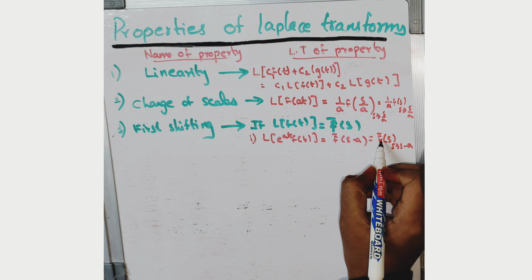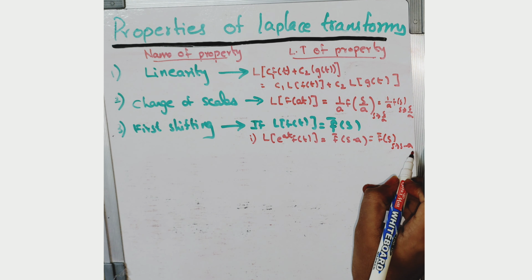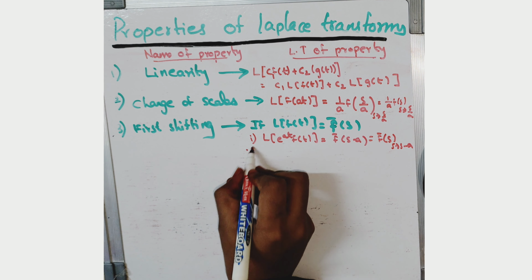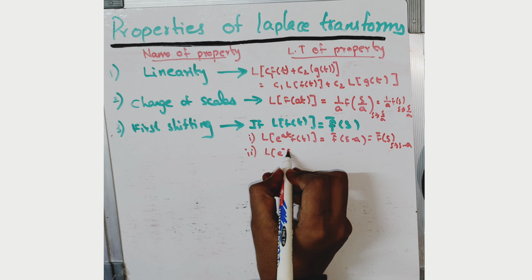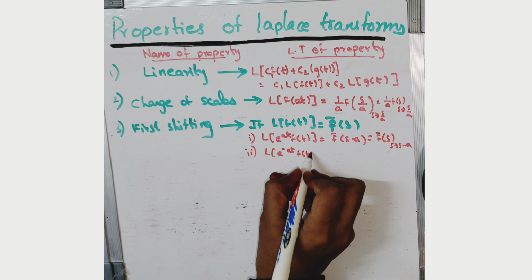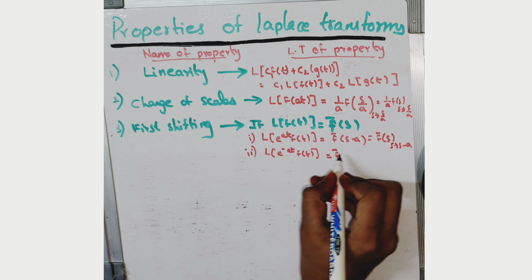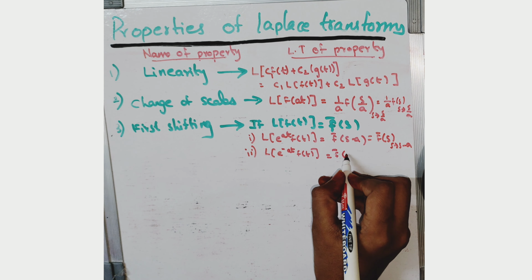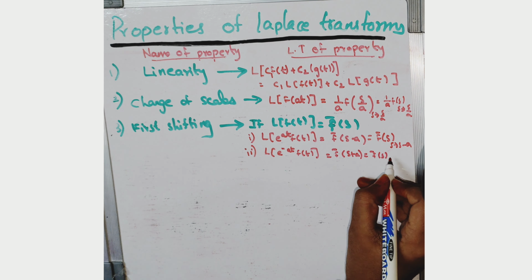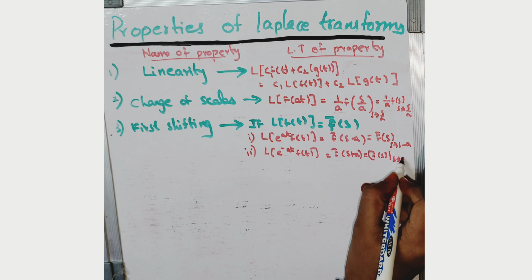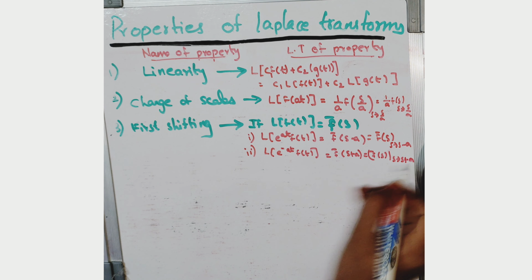So we can also write it as f bar of s, where s tends to s minus a. Similarly, the Laplace transform of the first shifting property for e power minus at f of t will be f bar of s plus a, where s tends to s plus a.